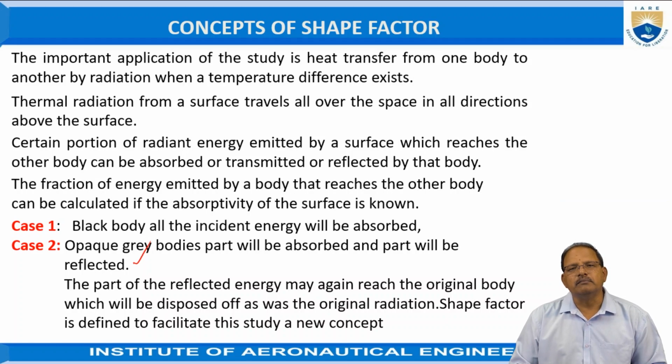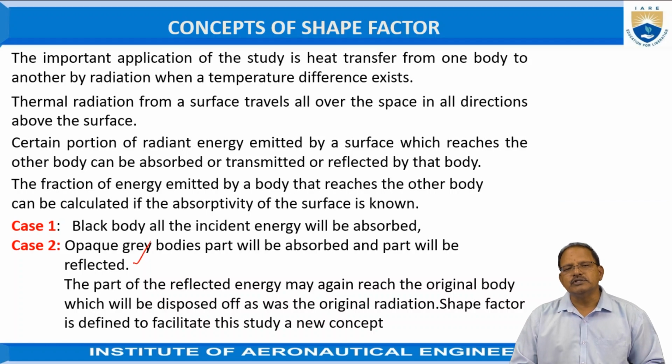As already discussed, in the universe the black body does not exist. When energy is received from a body, some part may be absorbed and some part may be reflected. The reflected part may go toward the other object from which this object is getting the thermal energy.